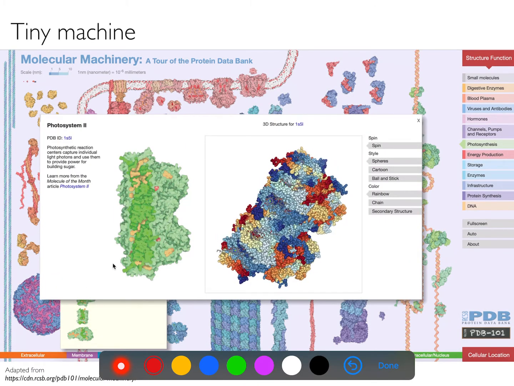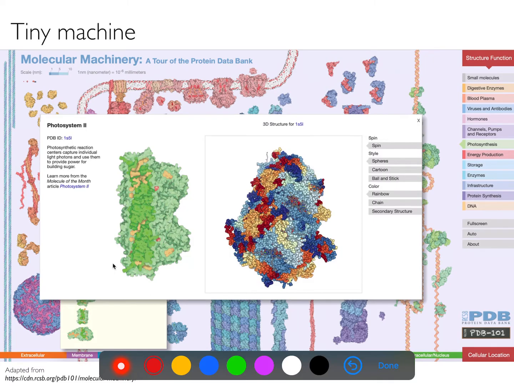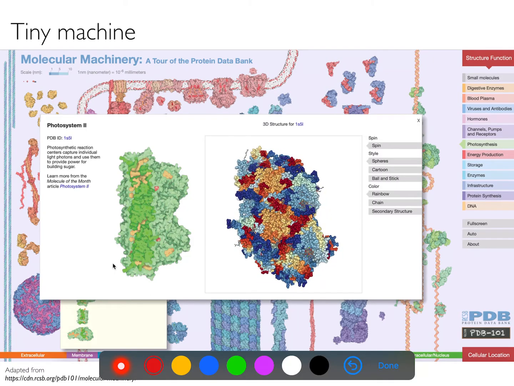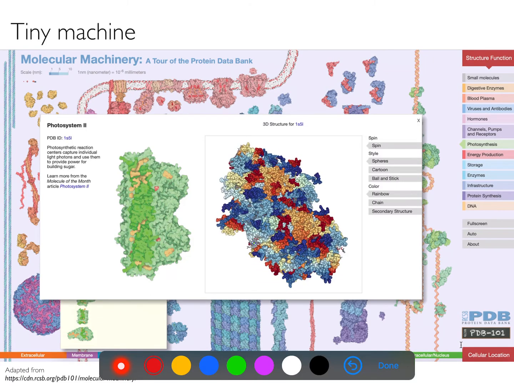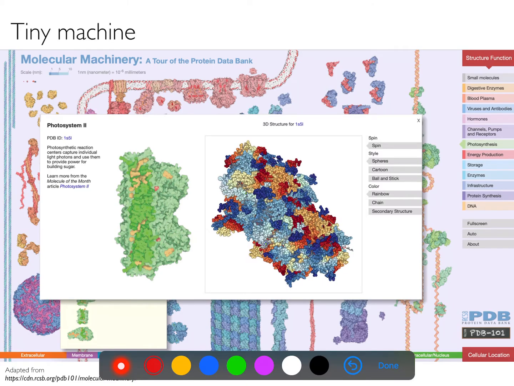The other thing I would like to emphasize here is that this molecular machine actually has an incredibly complex structure in a three-dimensional way, okay? Along the x, y, z axis, their structural complexity is incredibly high, right?